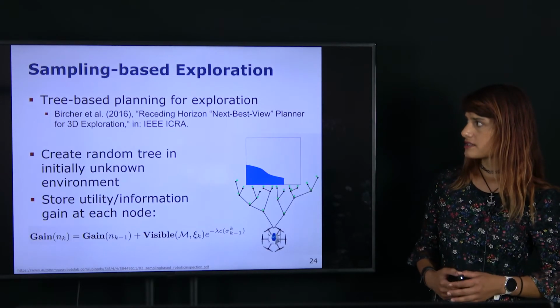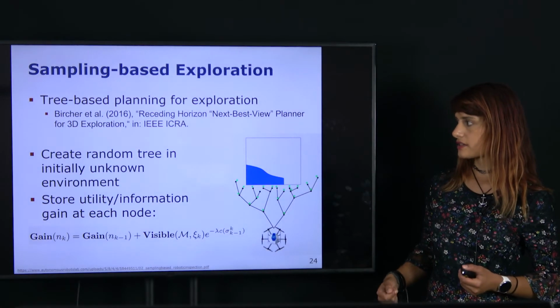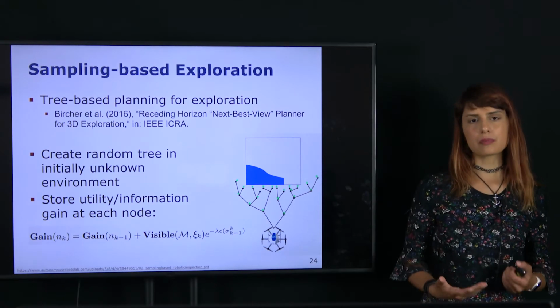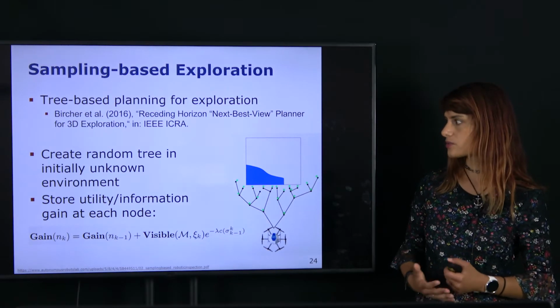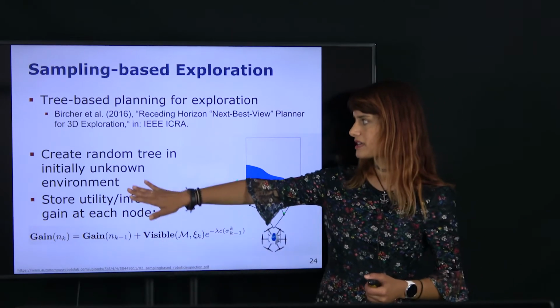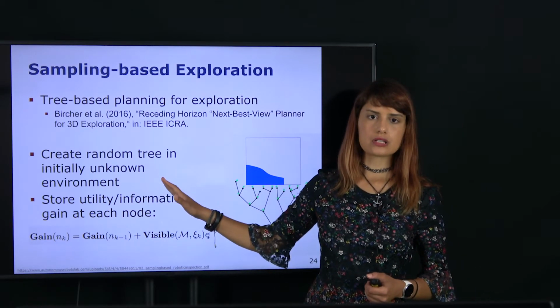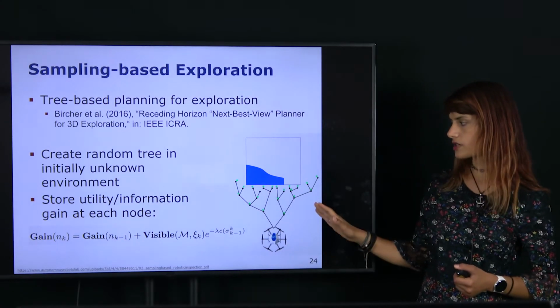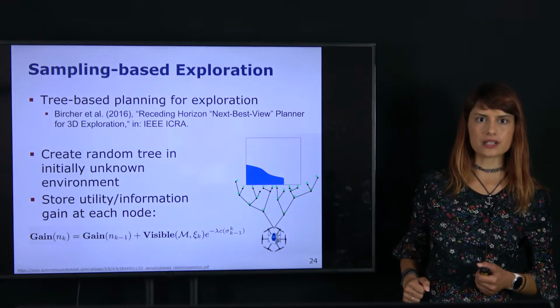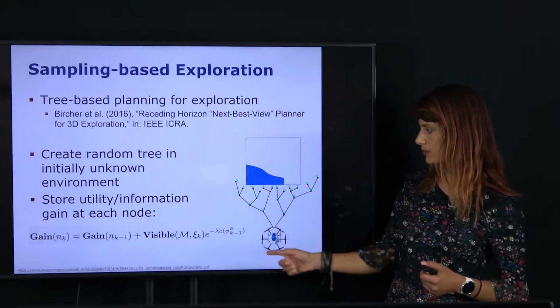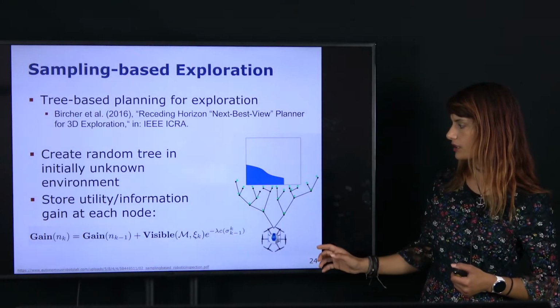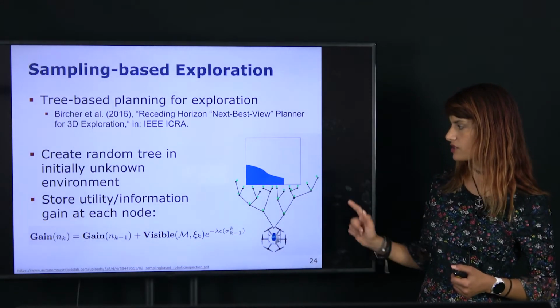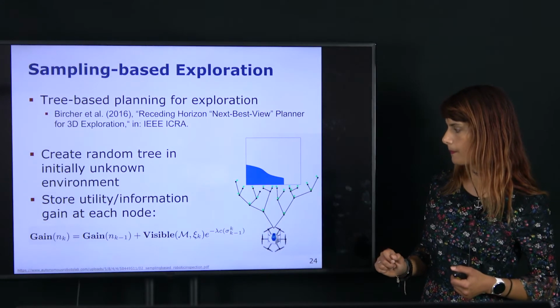So the tree-based exploration planner works in a very simple way, similar to the rapidly exploring random tree. So the basic idea is to create a random tree in an initially unknown environment by sampling new configurations from the robot configuration space. So here we see a UAV exploring an environment and a tree being generated by sampling.